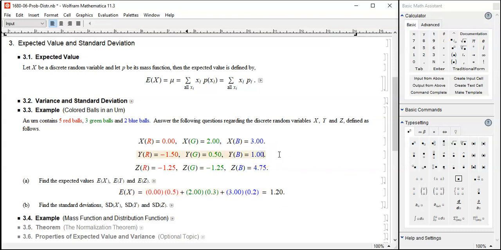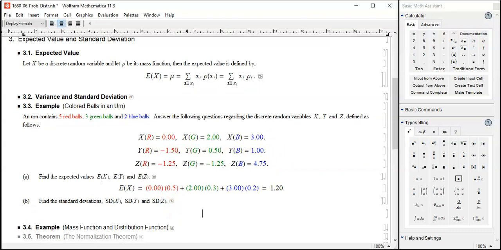How about the next game? Well, do we have enough time for the next game? Well, okay. I mean, it's just a simple computation, so negative 1.5 times the probability of red, 0.5, 50 cents, and the probability of green, plus $1 times the probability of blue, and what do you get?